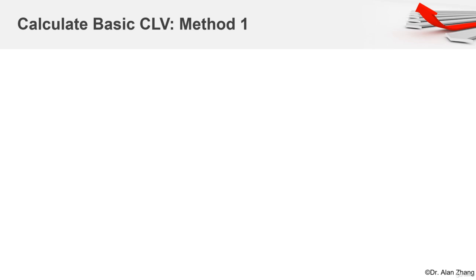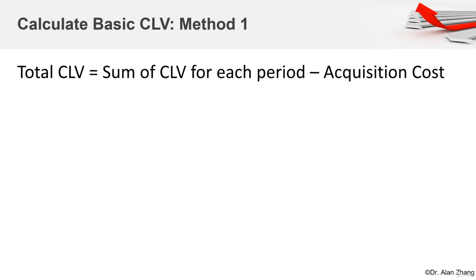In the first method, we calculate total CLV using the sum of CLV for each period, subtract acquisition cost. So if you look at this equation, the second part of this equation is very straightforward, just minus acquisition cost. So let's focus on the first part, how to get CLV for each period and sum them up.